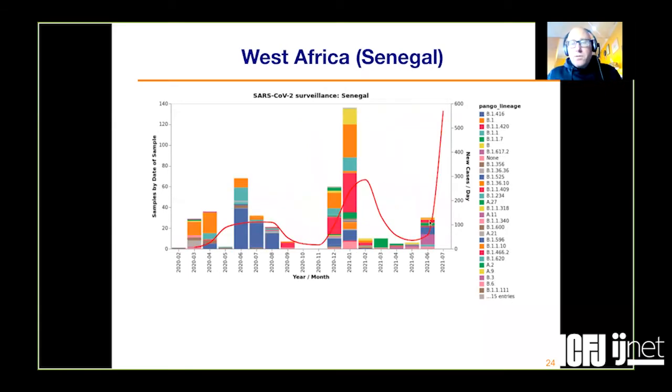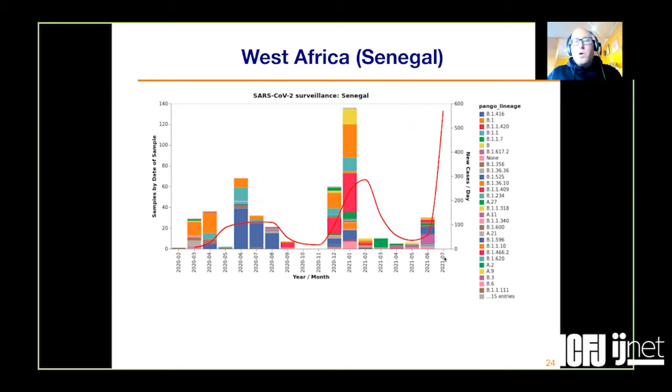West Africa, Senegal, another big growth in cases recently. And while it's not very clear what's going on here, they have some other lineages like B.1.416, but we see this purple over here. In June, they are picking up the Delta version of the virus.